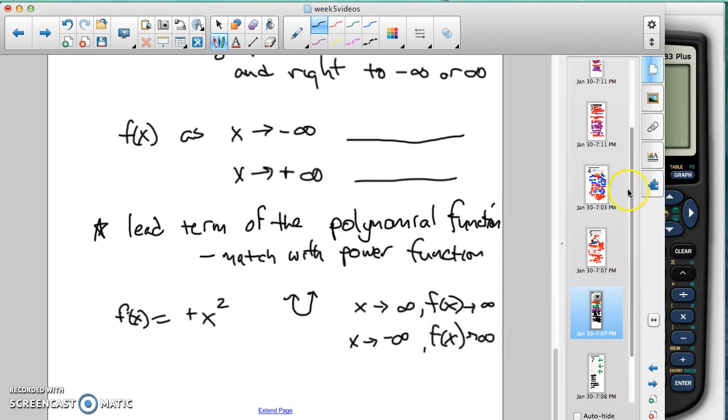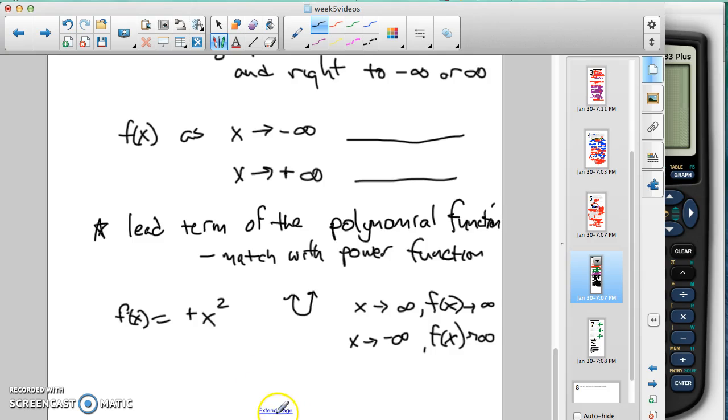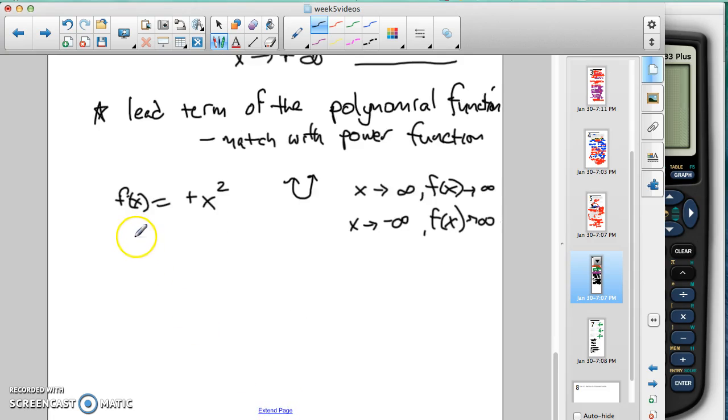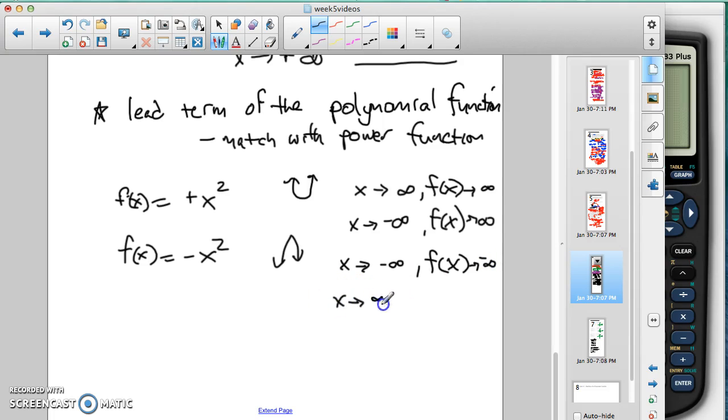If we look at negative x squared though, f of x equals negative x squared, that's going to look like this, and we're going to change our end behavior. So as x goes to negative infinity, f of x goes to negative infinity, and as x goes to infinity, f of x goes to negative infinity also.